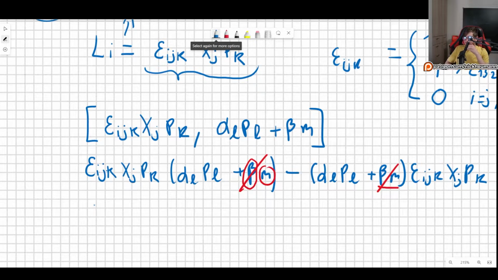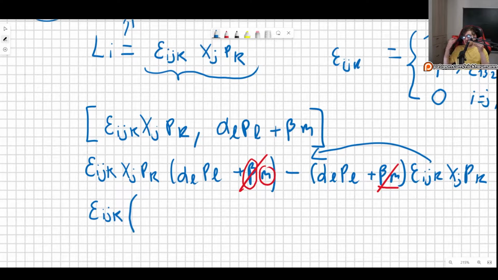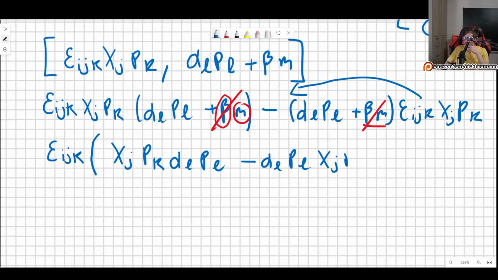Okay, the next part then, we get epsilon ijk, which we can factor out, right? We can factor it from both of them. We can commute it all the way to the front because it is a number. It is 1 minus 1 or 0, so we can just put it to the front. And then we have xj pk alpha l pl, and then minus alpha l pl and then xj pk. And now notice that this alpha l, we can commute it all the way to the front because it is a constant matrix, right?